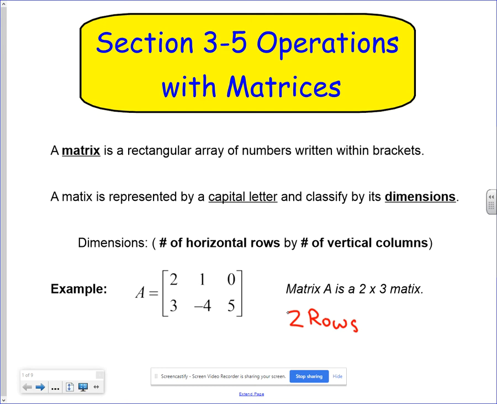Rows are left and right. Rows are horizontal. And it has 3 columns. Columns are vertical. So this is a 2 by 3. It's important that you can state the dimension of a matrix. You're going to need to be able to do that.